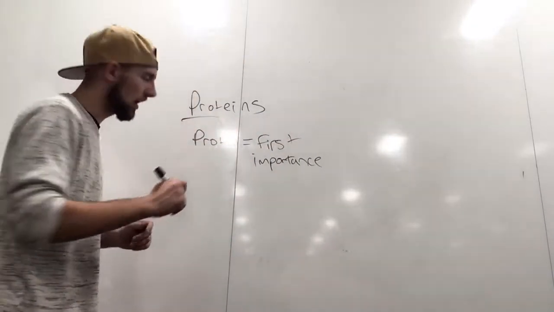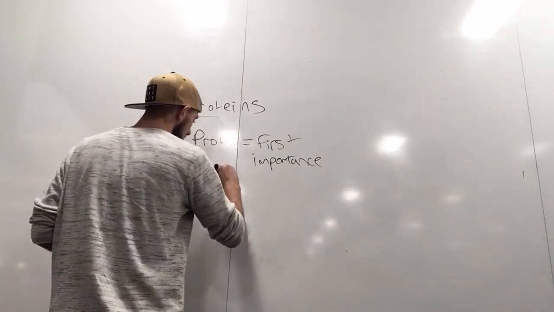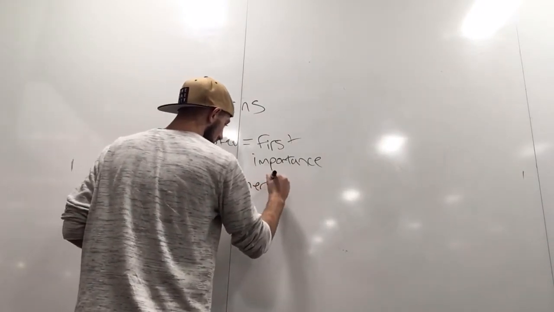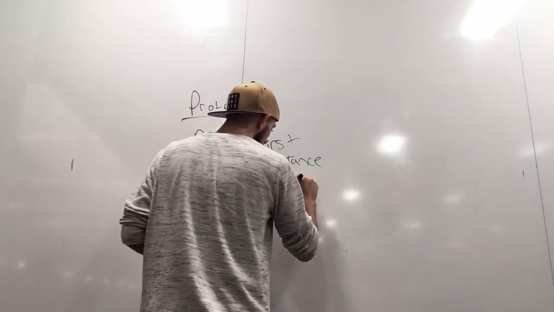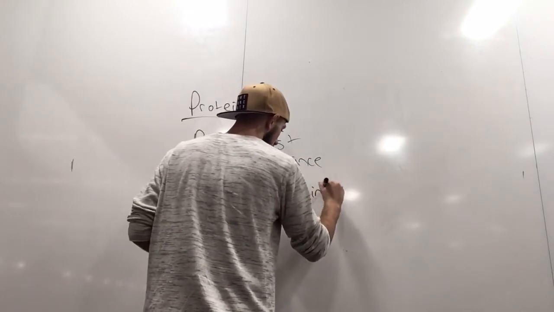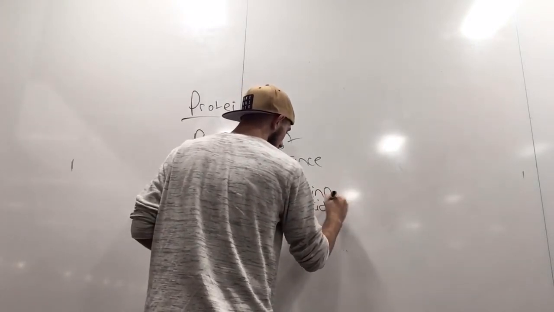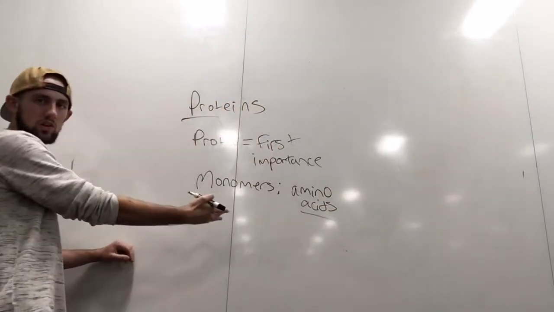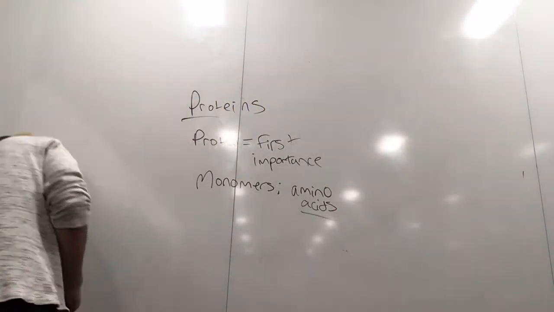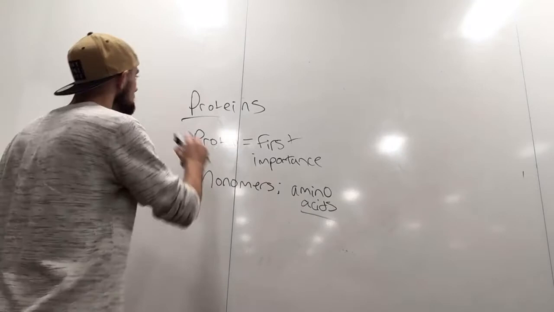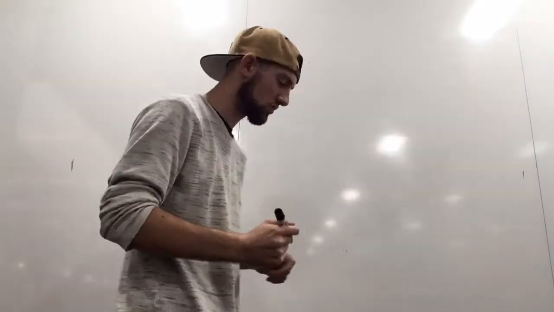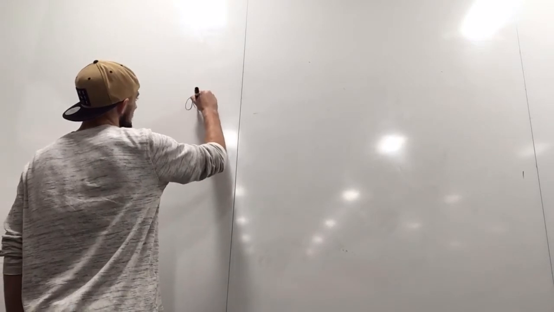So like we said in the last video, the monomers of proteins are amino acids. Okay, I'm going to let you look at that real quick. Let you draw it if you want. We drew the lipids in the last episode, so we have amino acids.